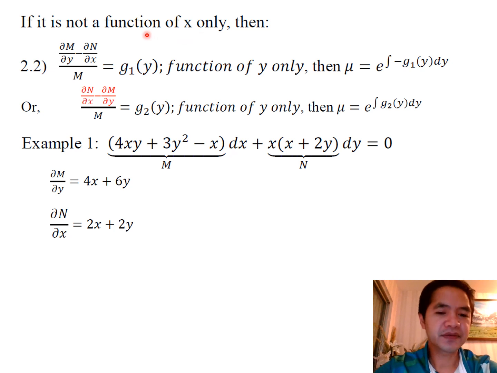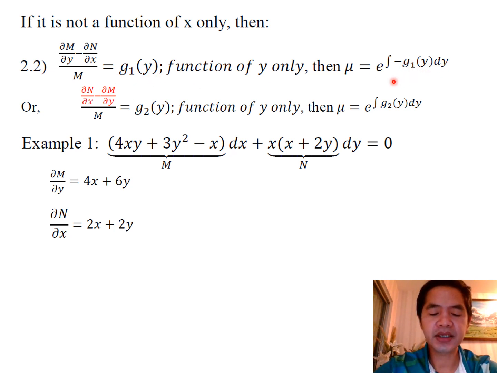So if from the previous slide it's not a function of x only, try this one: partial M over partial y minus partial N over partial x, this is the same, but this time you divide by M. Look at the result. If the result is a function of y only, then the integrating factor is going to be e to the integral of minus this function, g1(y), dy.